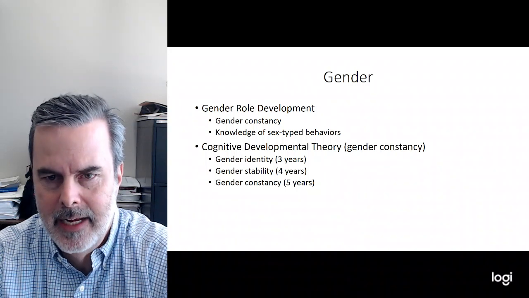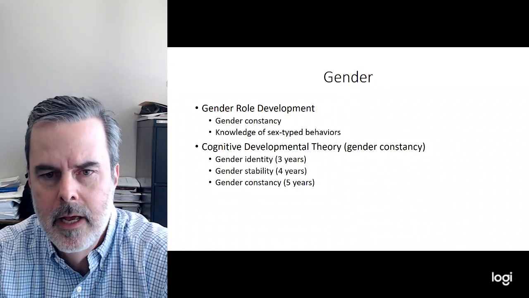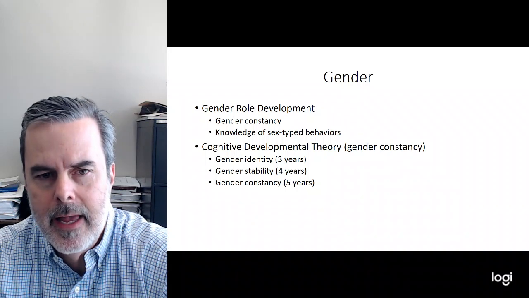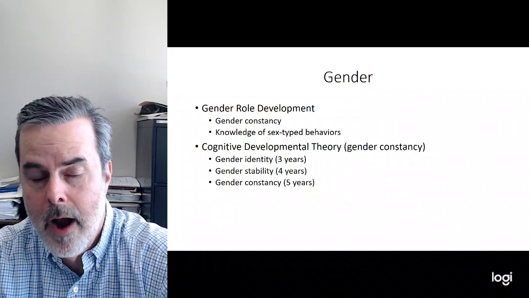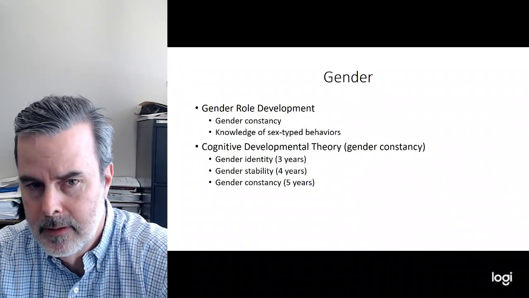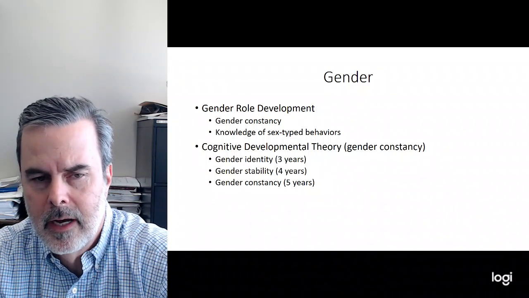The second stage in cognitive developmental theory is gender stability, which is present around 4 years of age. In this stage, kids acquire an understanding that sex is a stable attribute of an individual that remains constant over time.